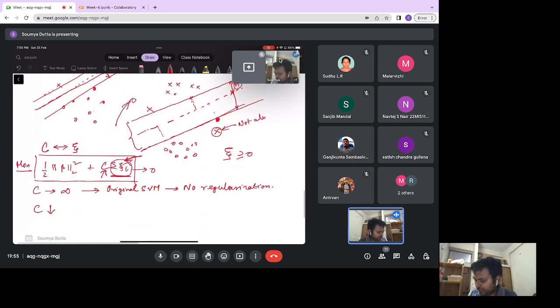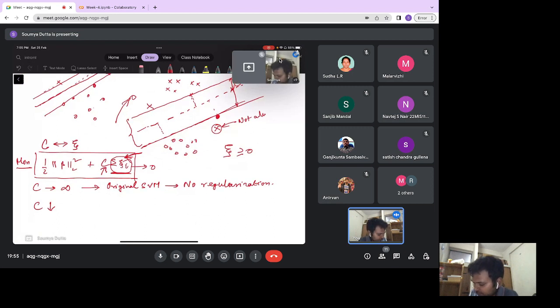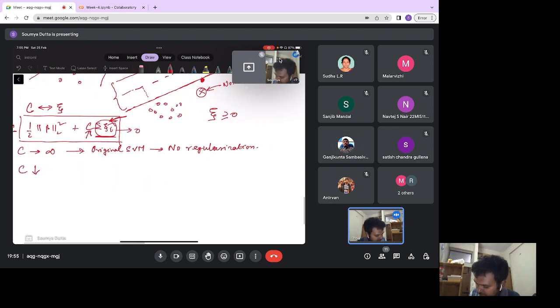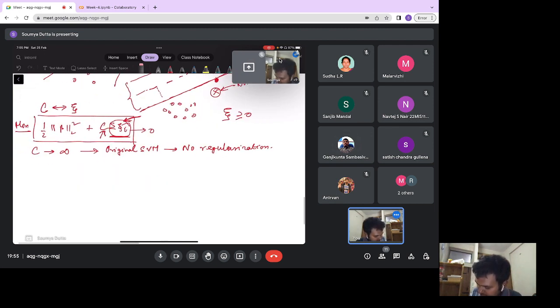For SVM, how this problem is solved is not in the code. That is not within the scope of any machine learning course. That is a complete optimization problem, so you don't need to worry about how to solve it. You just need to get an idea about this particular value of C, what its role is in SVM.